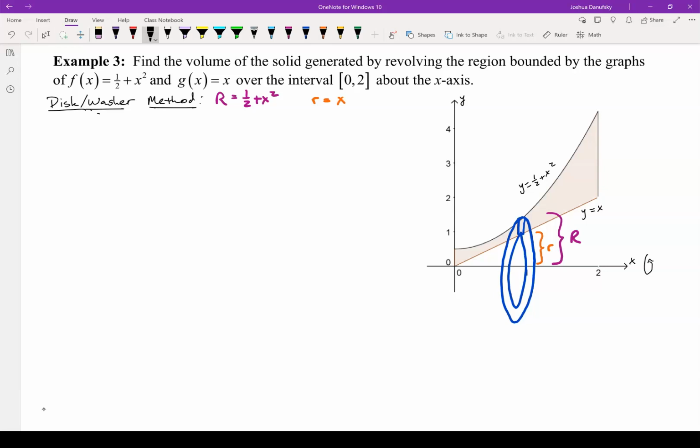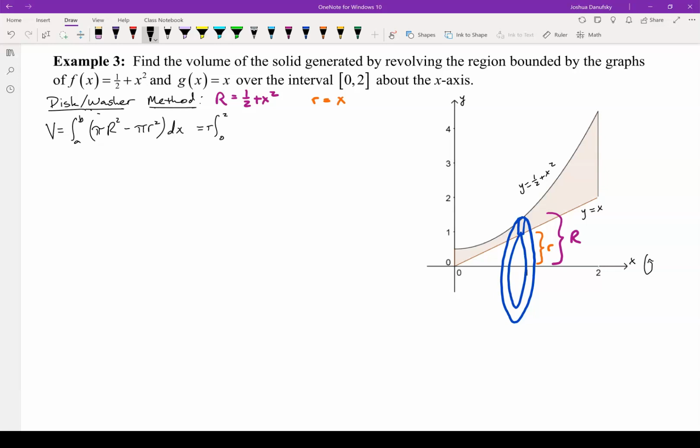So using the washer method, the volume is going to be the integral from a to b of pi capital R squared minus pi little r squared, and in this case we're integrating dx. Here our x's go from 0 to 2.